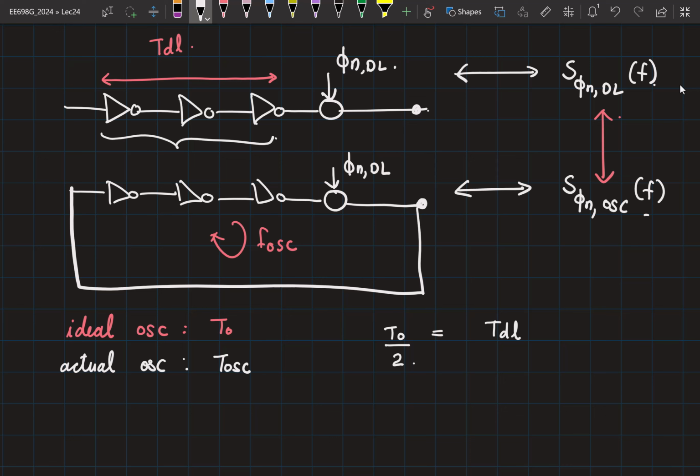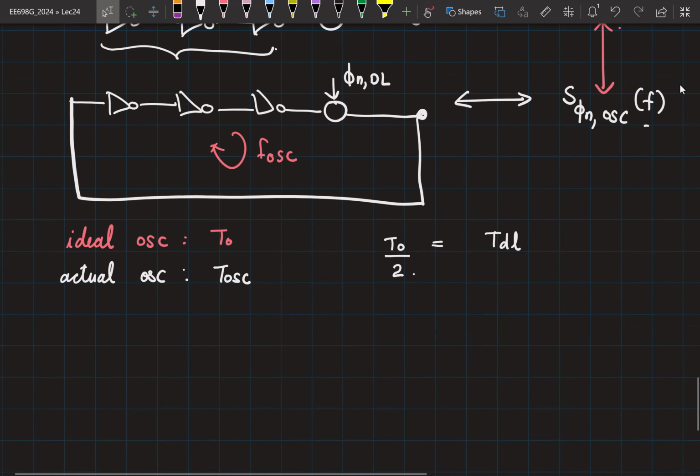Okay. So now you have phi n dl. You can replace it by a delay, right? So now can you give an expression? So T oscillation will be equal to, let me put it as T oscillation by 2.